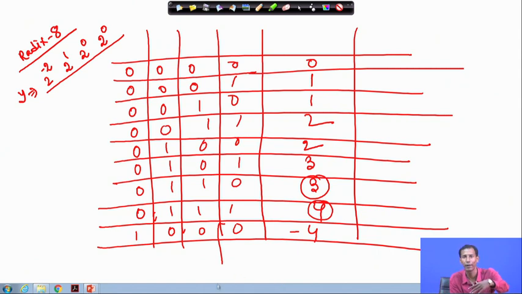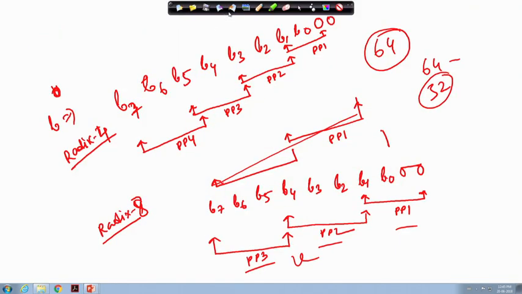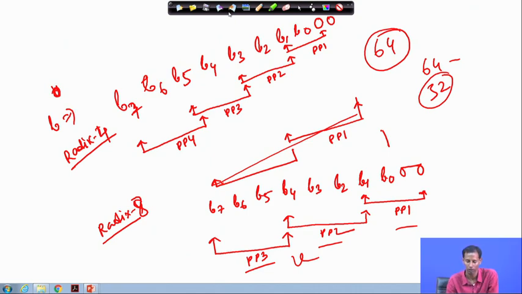So the higher the radix I consider, the more partial products I need to generate, and the decoder size will also be larger. So we have to choose this radix in a judicious way, so that I get the benefit in terms of delay, that means stage reduction, whenever we are using a higher radix with this Booths algorithm. So we have to be more cautious about that.